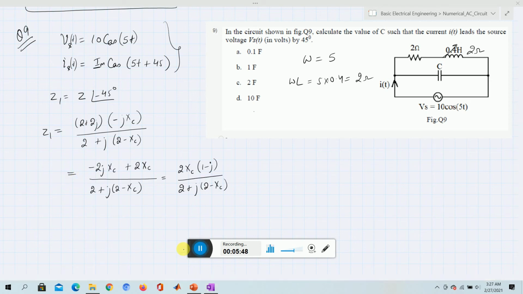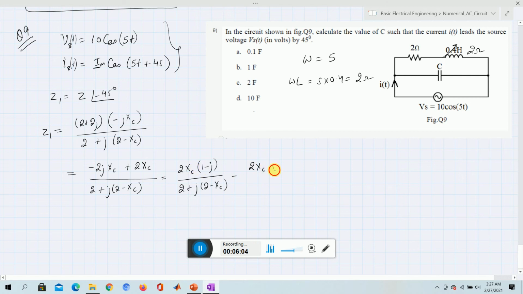We can get this calculation done, and we get in this term 2XC times (1 minus j), over 2 plus j(2 minus XC).